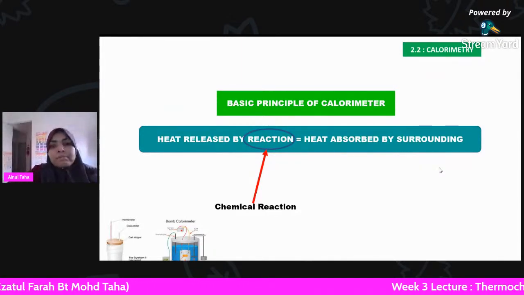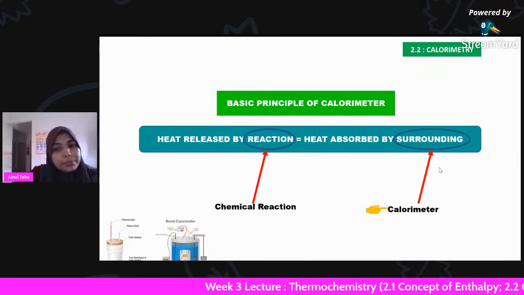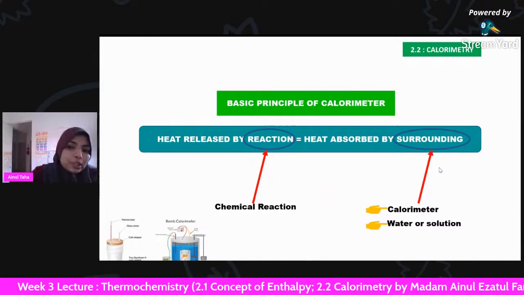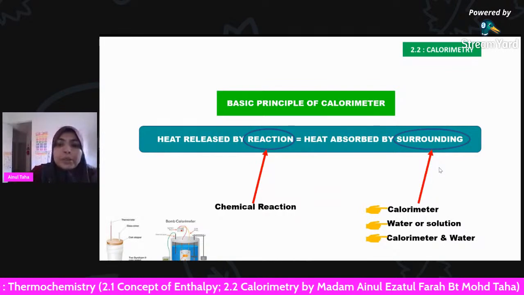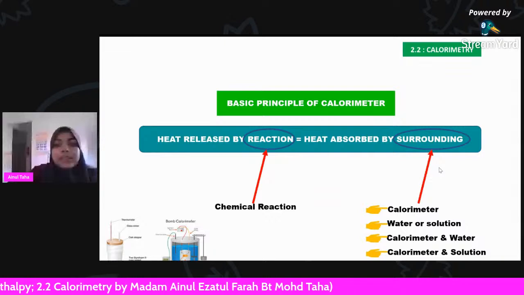Okay. And then what is the surrounding? It depends on the condition. Sometimes it could be the calorimeter, or maybe water or solution, or maybe calorimeter and water, or maybe calorimeter and solution.